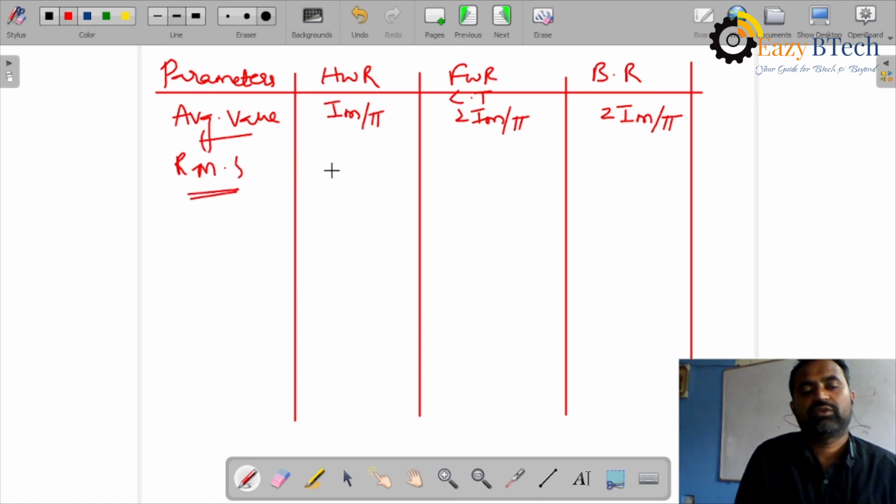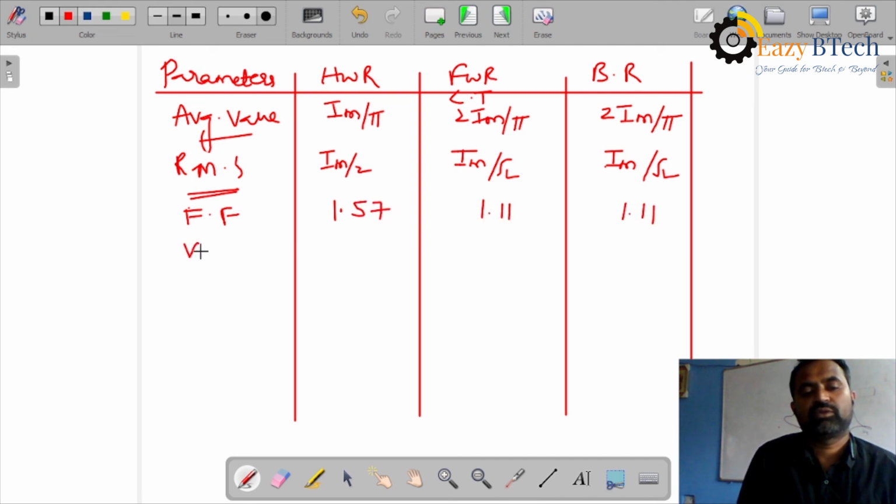IRMS value for half wave rectifier is Im by 2. Here it is Im by root 2. It is Im by root 2. Next, form factor. Form factor for this is 1.57, 1.11, 1.11. Next, ripple frequency, f, 2f. Peak inverse voltage, Vm.